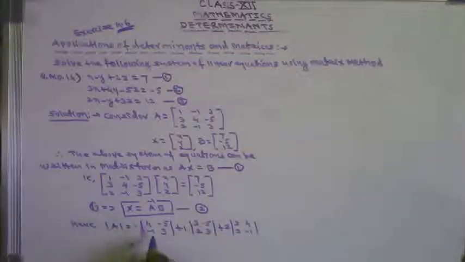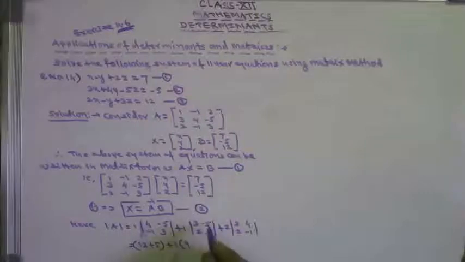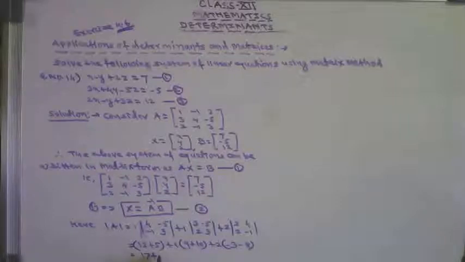So that will be 12 minus of minus 5, that is plus 5, so 17, then plus 1 into 9 plus 10, that is 19, plus 2 into minus 3 minus 8, that is 2 into minus 11, that is minus 22.